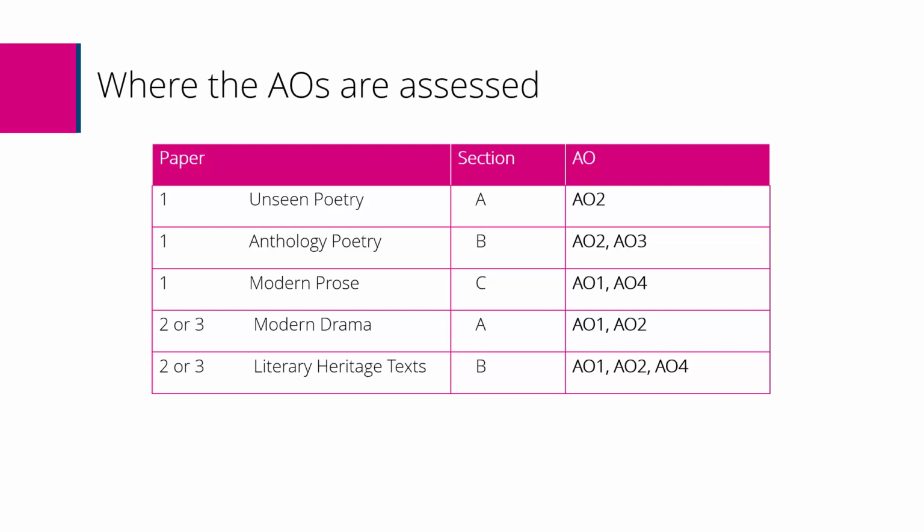And then in the literary heritage text, those same 2 assessment objectives, but also the AO4, the relationship between texts and the context in which they are written. So now we're going to have a little look at these assessment objectives in a bit more detail.